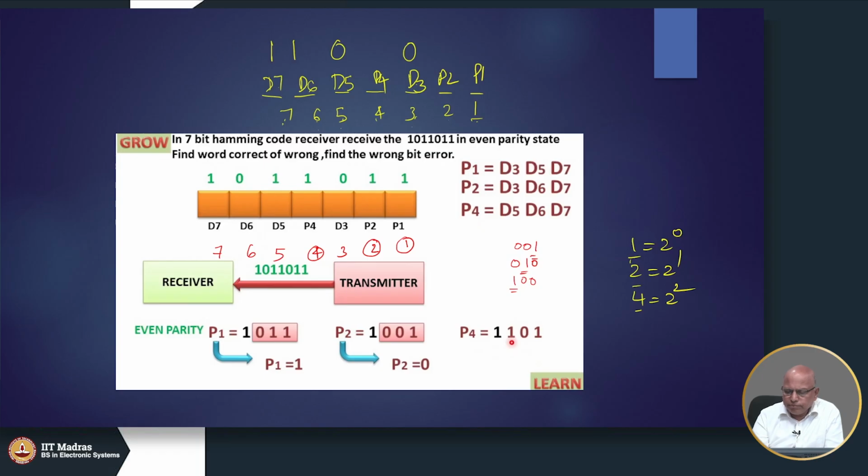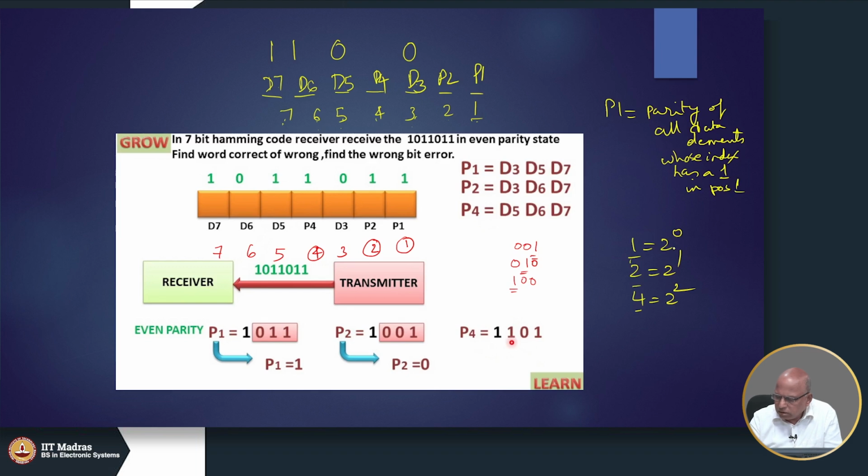P1 is calculated as the parity of all data elements whose index has a 1 in position 1. Remember, parity 1 is 001, parity 2 is 010 and parity 3 is 100.